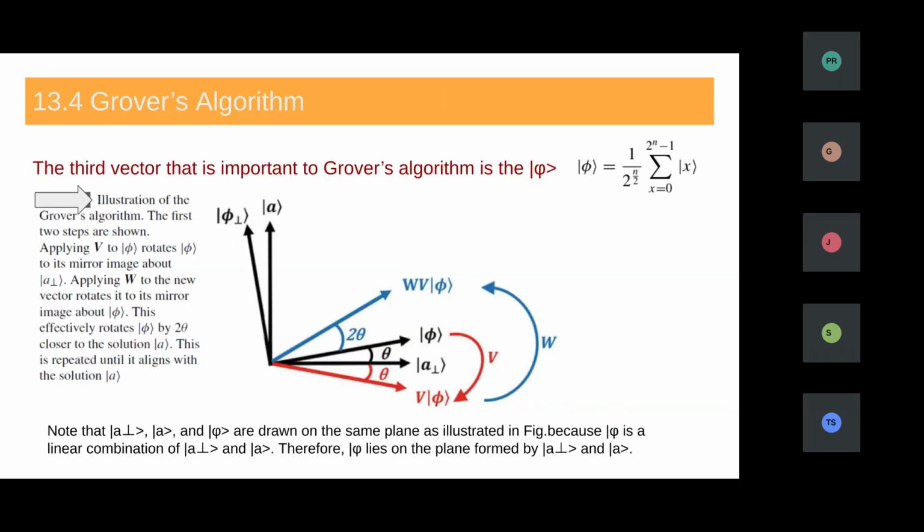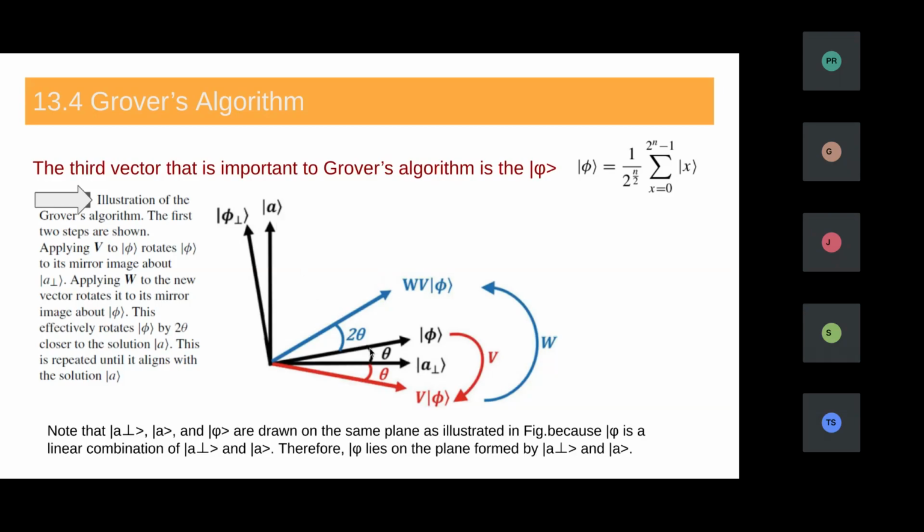And then, now we need to define a third vector called phi. Now you can represent this in a circle or a square space, because we have A and A transpose, or A perpendicular, let's call it.